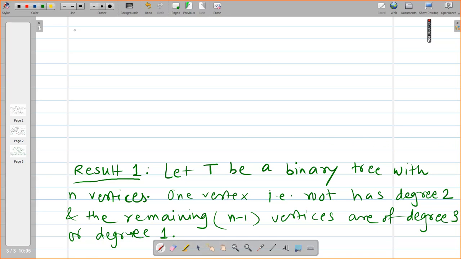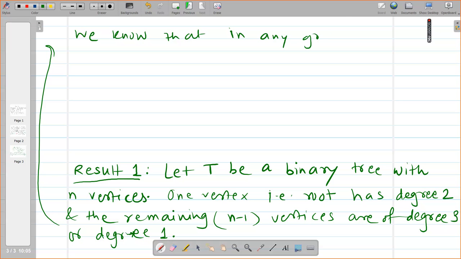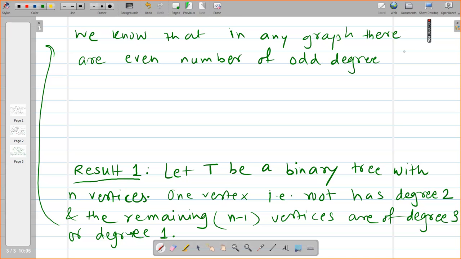Okay. And what you know, after this you write, we know that in any graph, there are an even number of odd degree vertices. That is, n minus 1 is an even number.